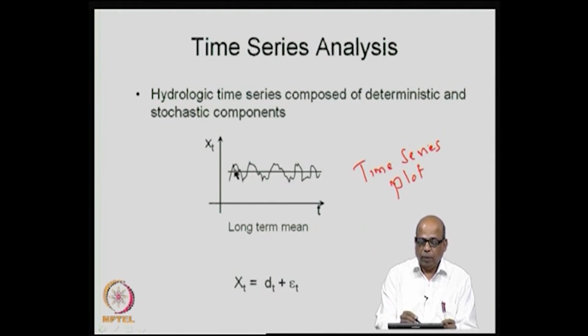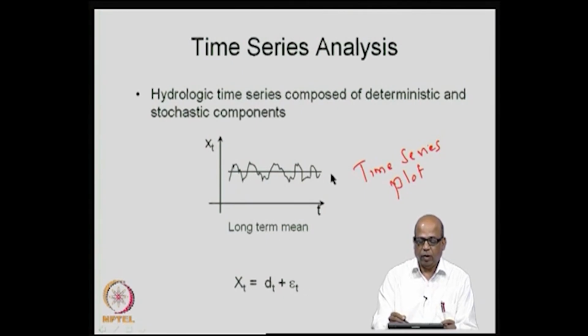So, if you want to replace the time series by a mathematical model, you will write this simply as x t is equal to a deterministic component. At every time there is a deterministic component, which is the mean in this particular case, around which there is a random fluctuation. So, we write x t as d t at that particular time plus epsilon t.